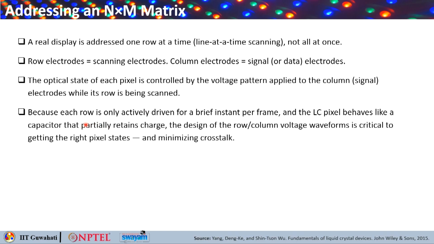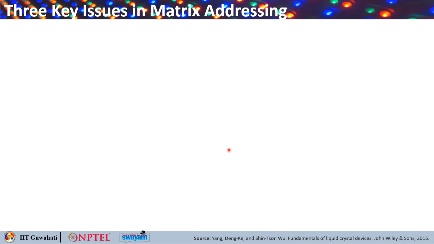Now because each row is only actively driven for a brief instant per frame, the liquid crystal pixel behaves like a capacitor that partially retains charge, and the design of the row and column voltage waveforms becomes critical to getting the right pixel states while minimizing the crosstalk.